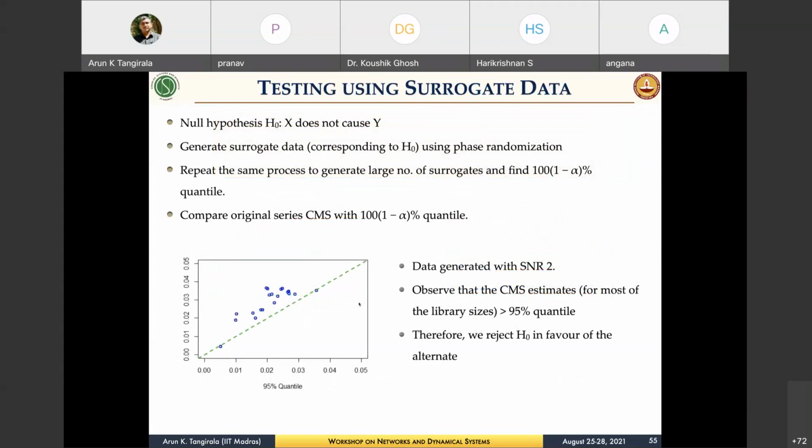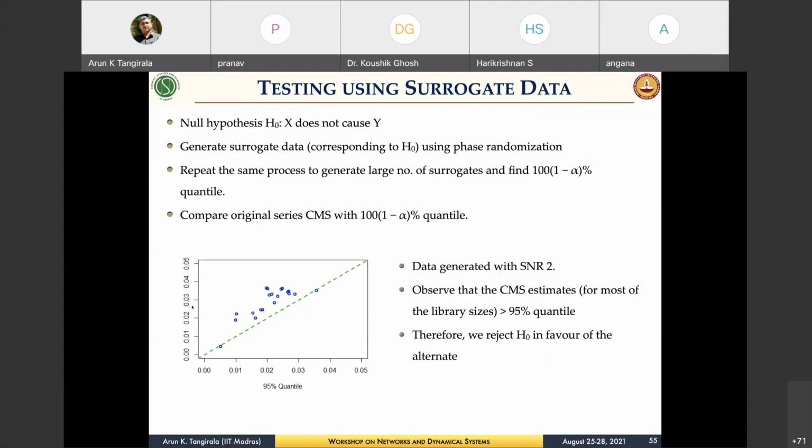Essentially, it kills any possible connections between X and Y numerically. You do a Fourier transform, randomize the phase for each of these variables, and then reconstruct back, and you would have killed all the connections. That would correspond to the scenario of the null. You do this for different randomizations, generate different surrogates, and then you pick the 95% quantile and plot the cross map skill.